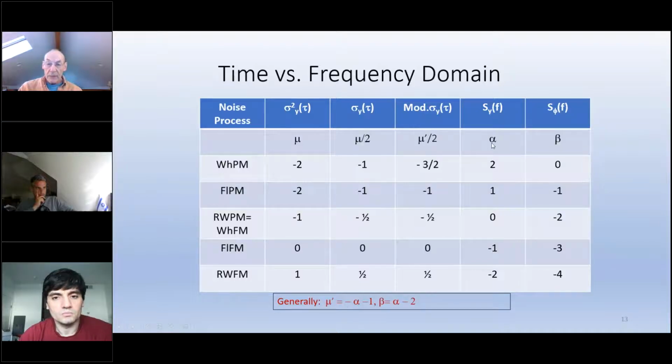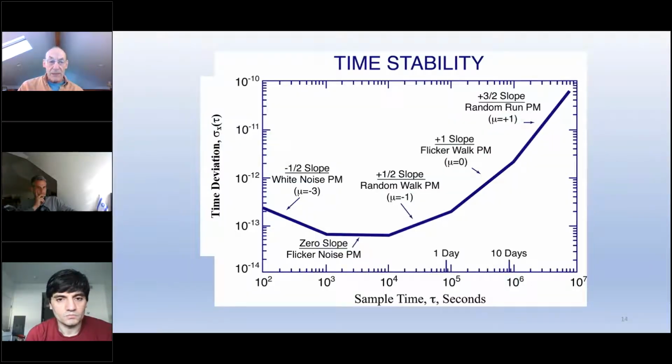If you're talking about frequency, the slope of the modified Allan deviation on a log-log plot, mu prime equals -α -1. And of course, if you're talking about the power law for phase instead of frequency, it's beta, which is α -2. And that's just the way it is. There's a whole bunch of mathematics in there.